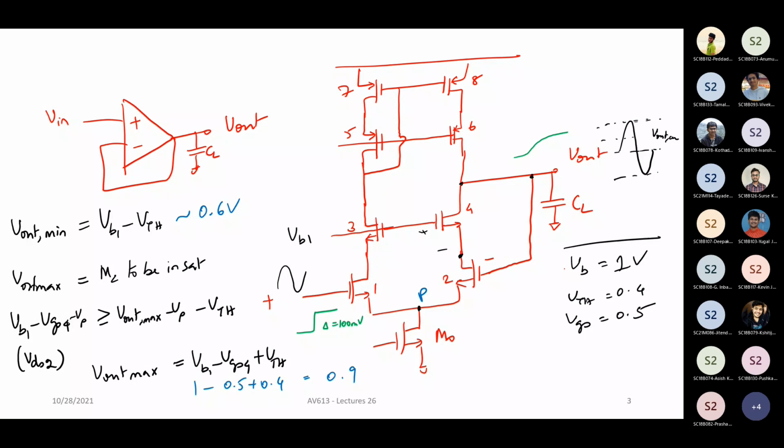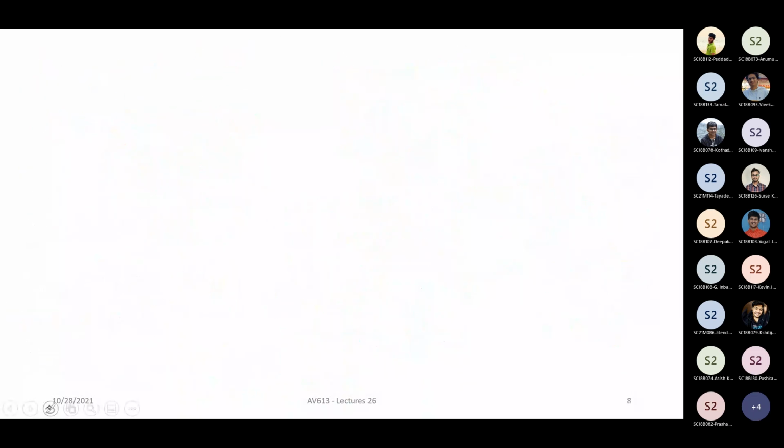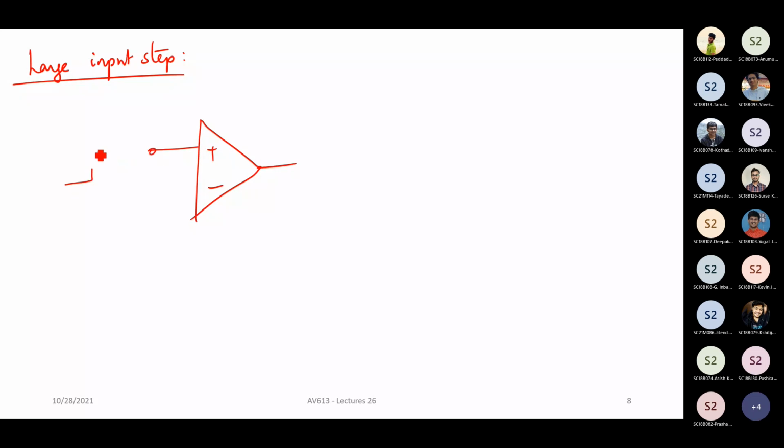Now, let us say I'm going to give a large input step for this op amp. Let's say 0.5 volt to 1.2 volt step.